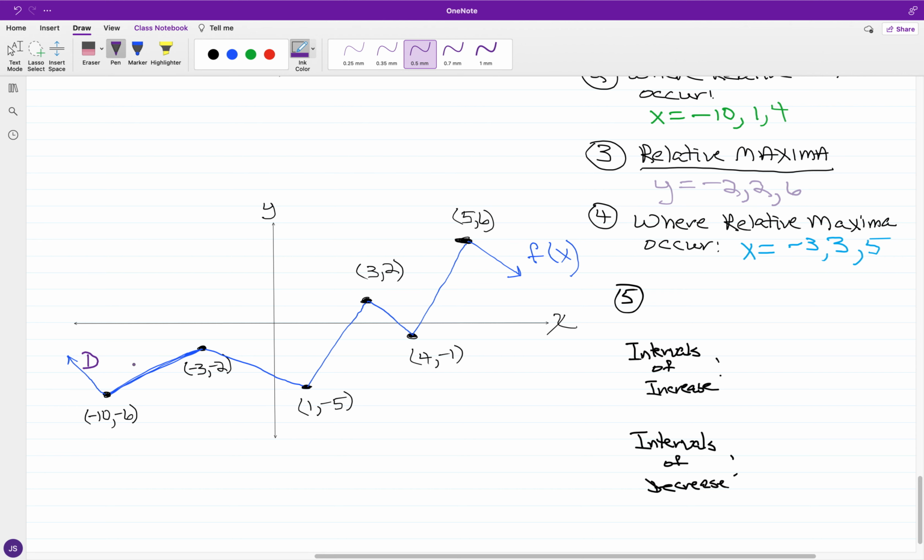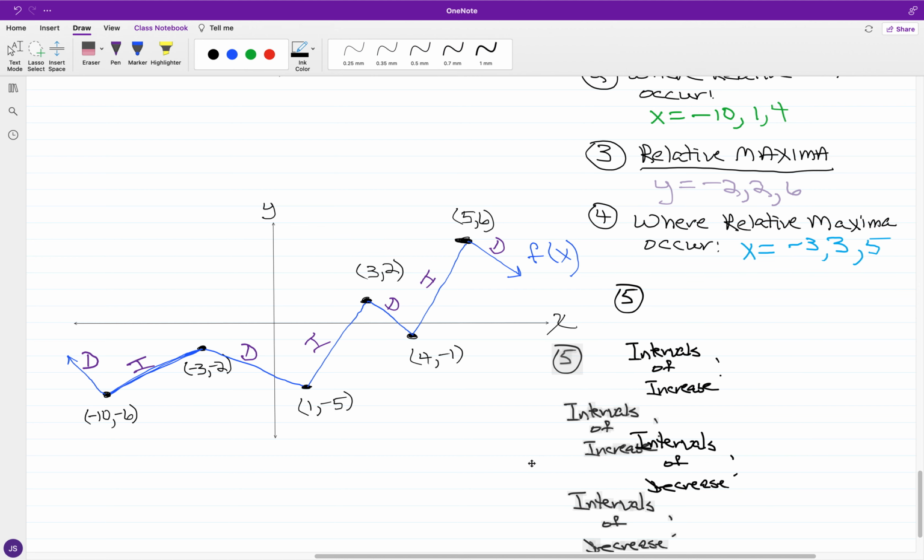Then past (-10, -6), you have an increase, followed by a decrease, and you have alternating, kind of a sawtooth pattern, alternating decreases and increases. It looks like we've got 3 intervals of increase and 4 intervals of decrease.